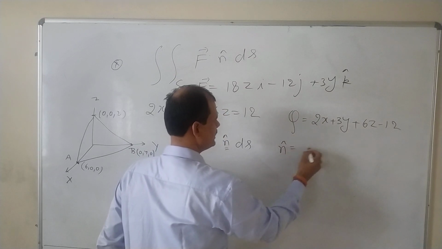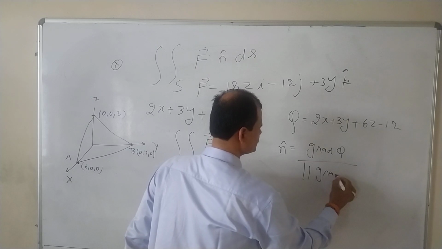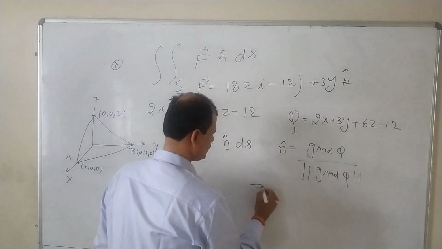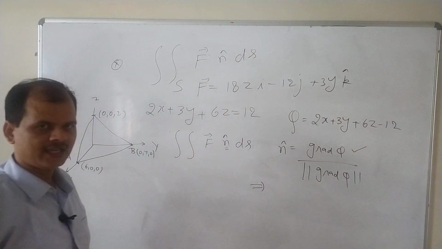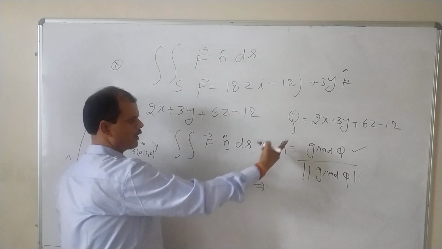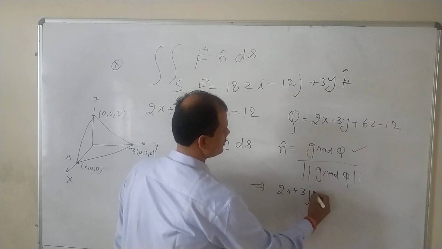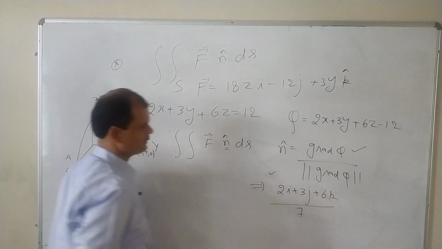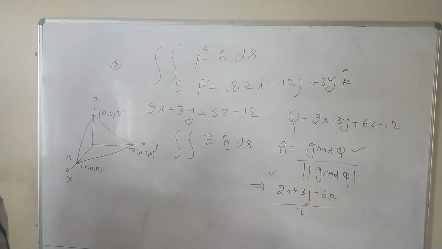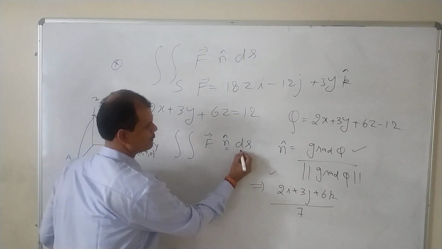So n cap will be grad phi over modulus of grad phi. For this you can see my previous video on the gradient of a scalar. So here we will have (2i plus 3j plus 6k) divided by 7. Okay, n cap we have. F we know, n cap we know, the only problem is the dS.